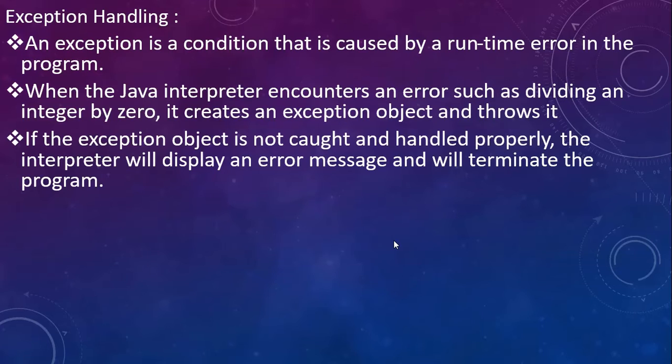Like in our previous example, I had not incorporated any exception handling code inside. So what the Java interpreter did was only raise an exception and print a message, and after printing the message, it did not execute the remaining part of the code, it simply terminated the entire program.